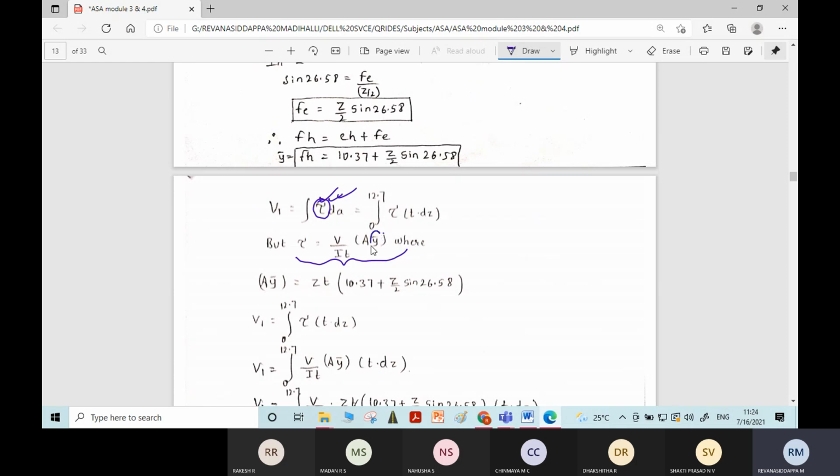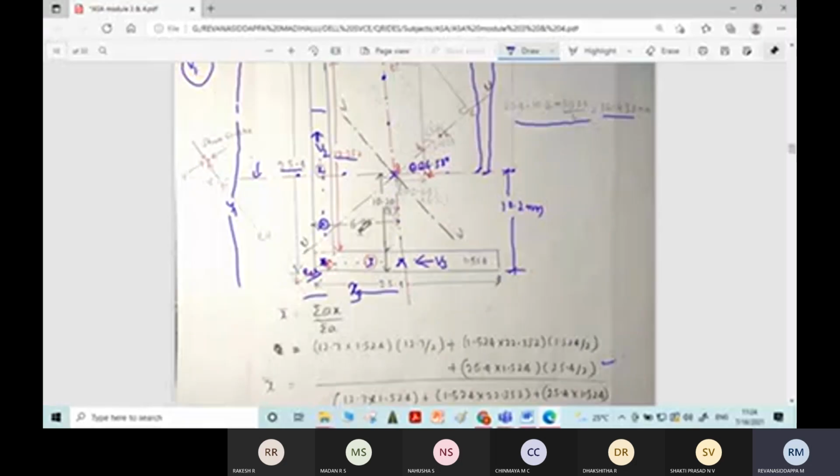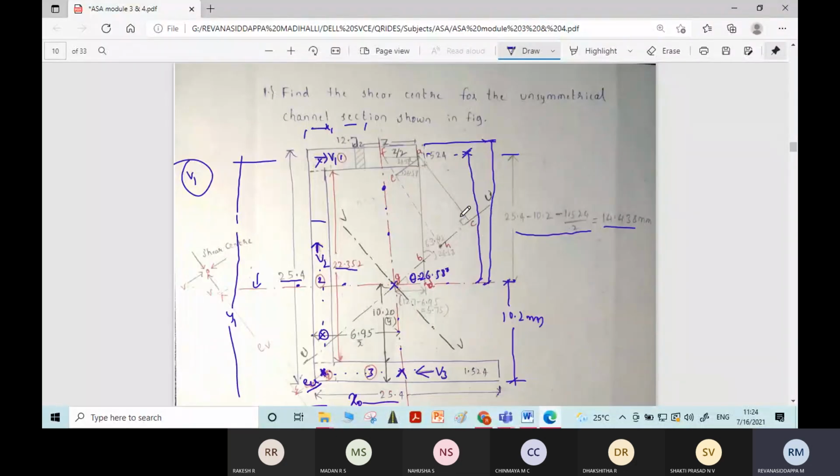Y bar is the distance of the centroid of this elementary strip from the reference U axis. So this FH is the Y bar.